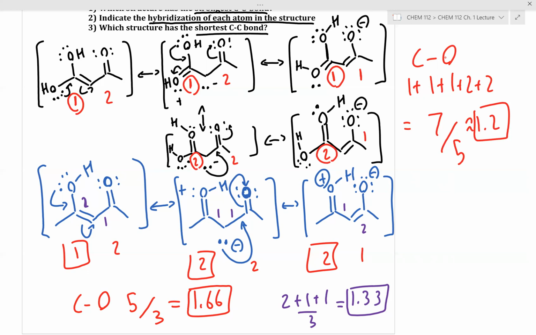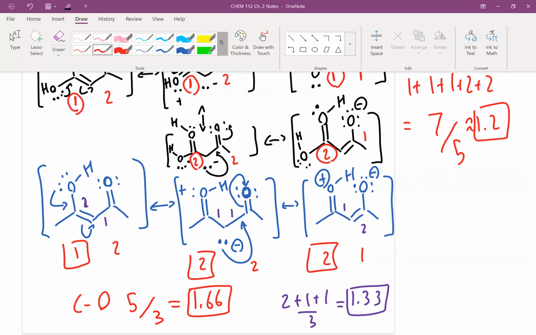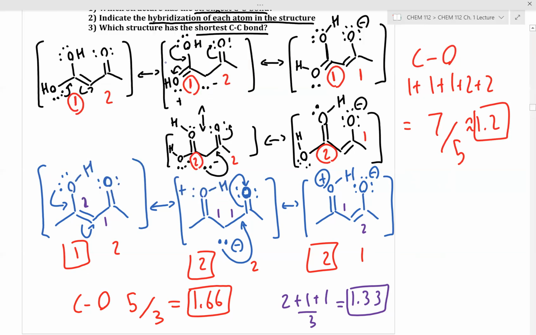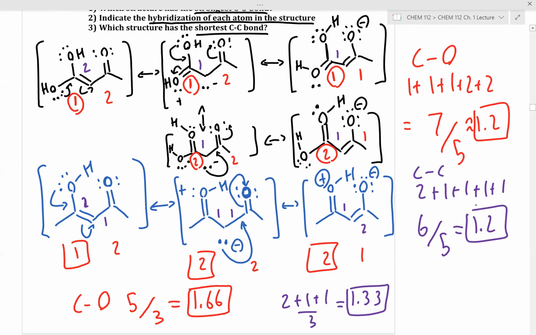Down, exactly. And we can showcase that. So in this first structure, we have 2, 1, 1, 1, 1. If we add them up, for our carbon-carbon bond, we have 2 plus 1 plus 1 plus 1 plus 1. That in turn gives us 6 divided by 5. That's about 1.2. So we can show mathematically by averaging that our bond order has decreased.